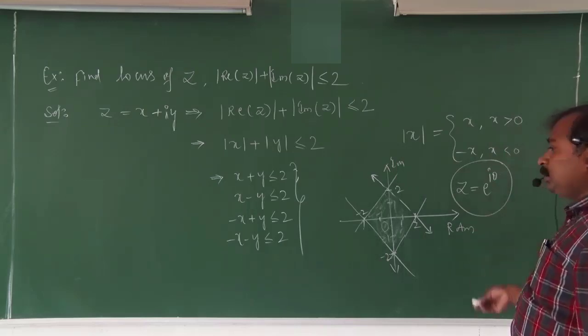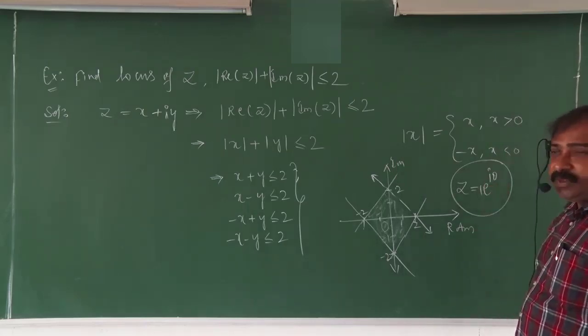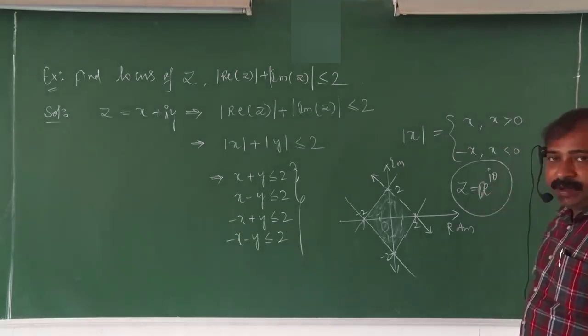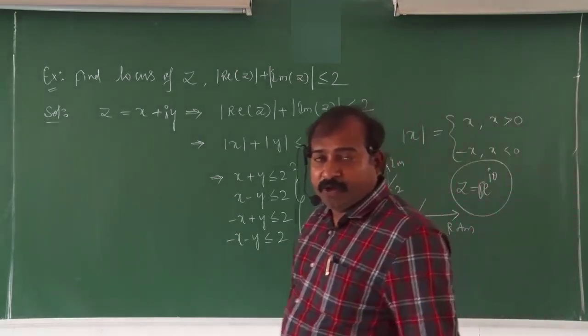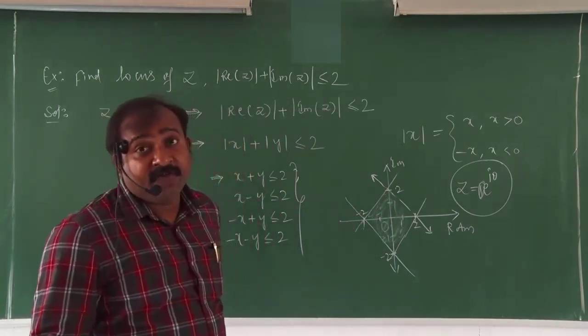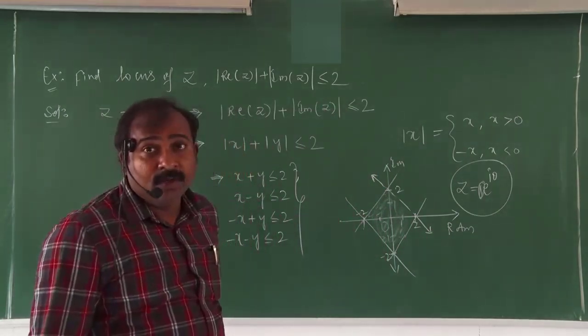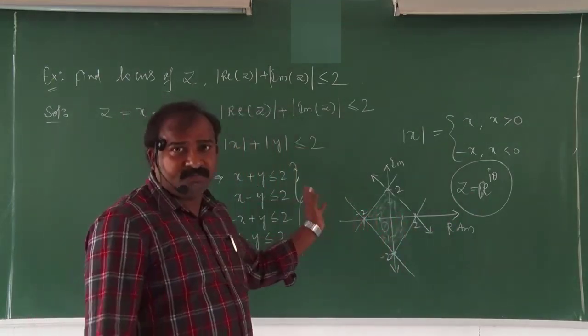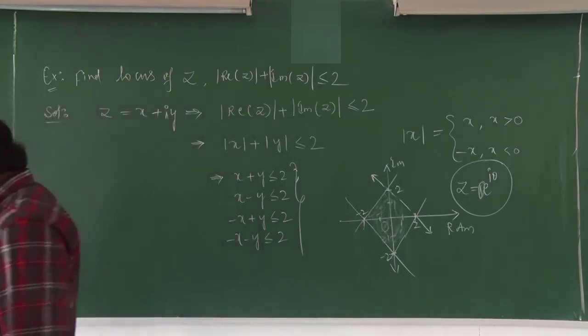Since 1 is there indirectly, 1 into e power i theta, what is the modulus of this complex number? 1. So whenever you observe unimodular, to solve such bits immediately you can take z equal to e power i theta. Okay, I hope you can understand.